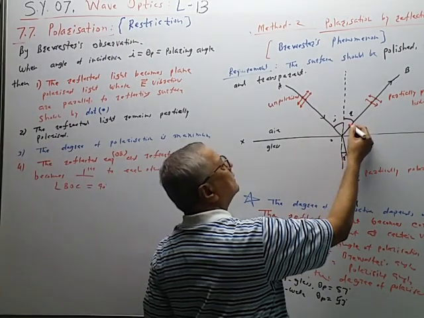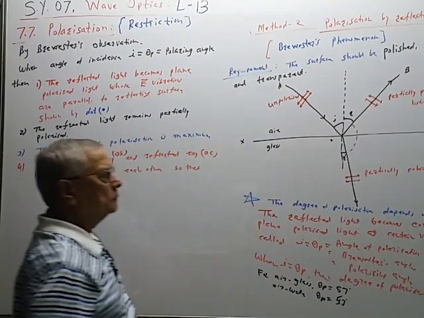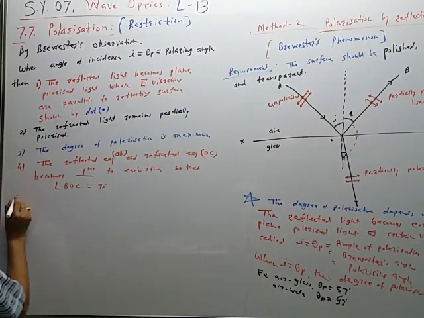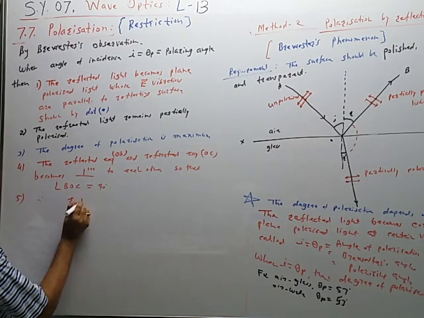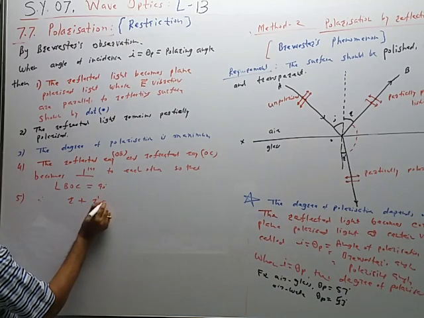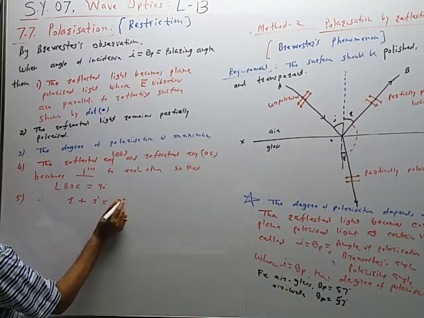This angle is 90 degree. Angle BOC is equal to 90 degree. Therefore, angle of reflection R plus angle of refraction R dash is 90 degree.